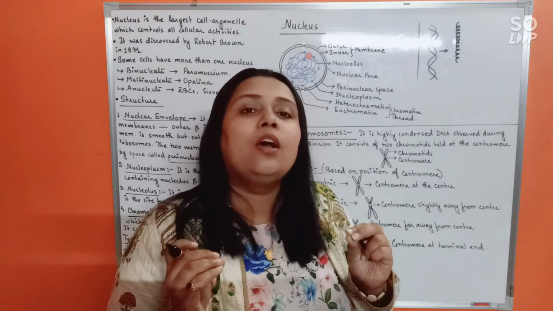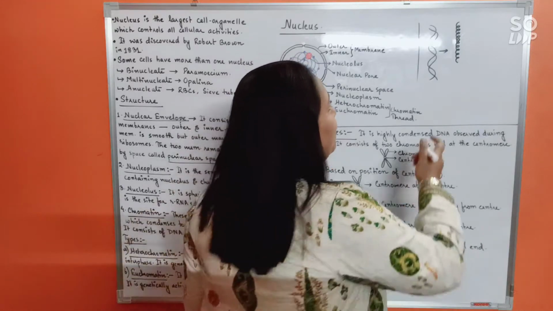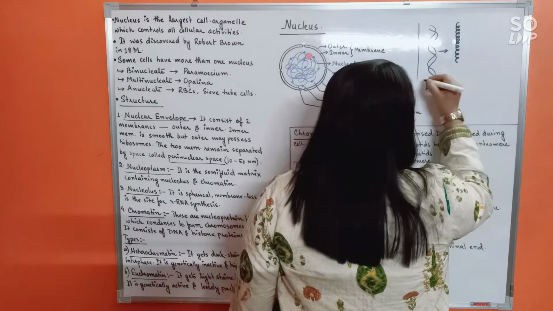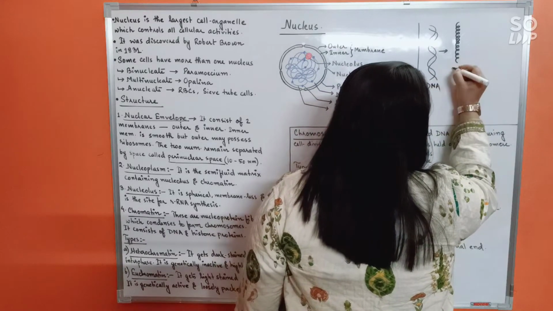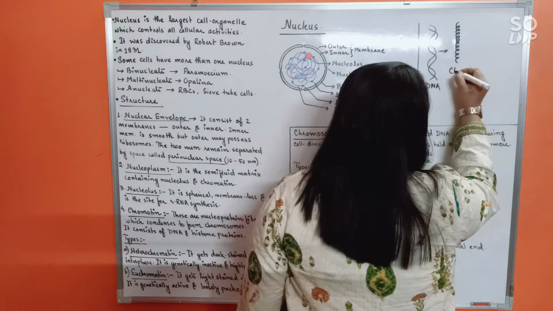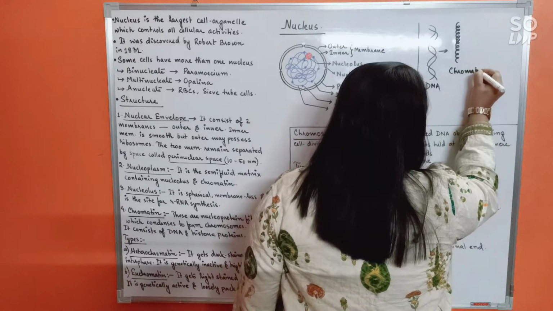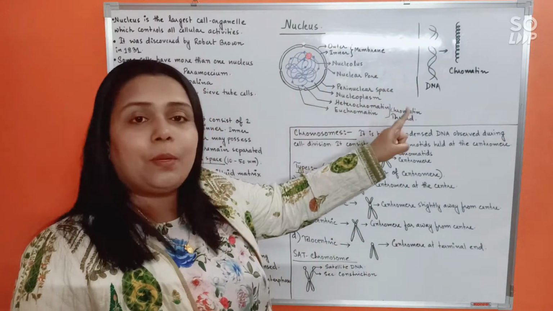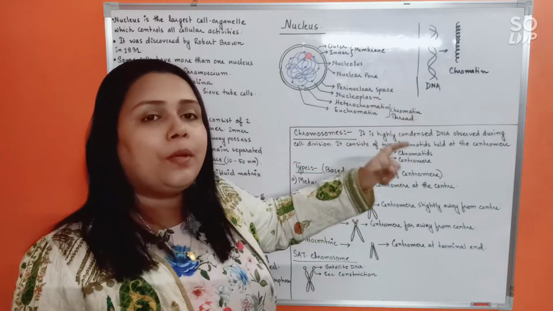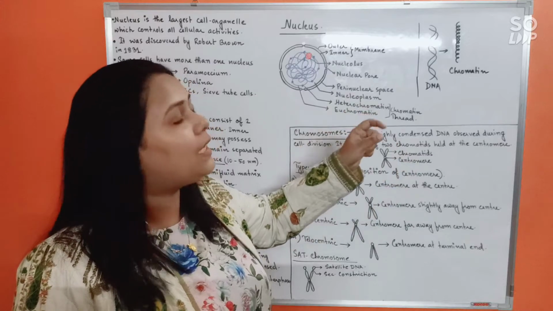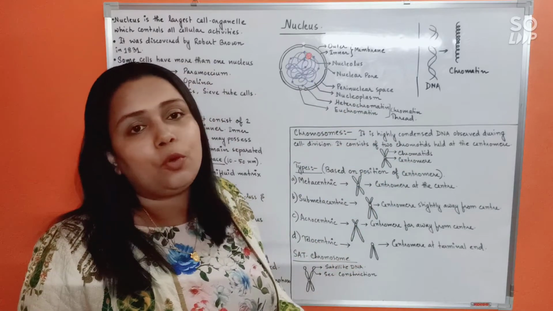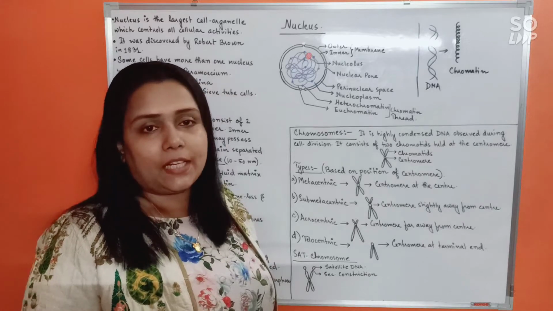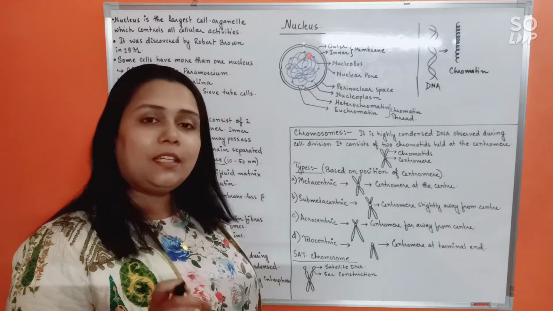It has to remain loosely packed. And this loosely packed DNA is called chromatin. It is packaged but loosely, so that it can open up whenever required and give the codes to make a protein, so that the cells can remain metabolically active. Okay, fine, this much is clear.